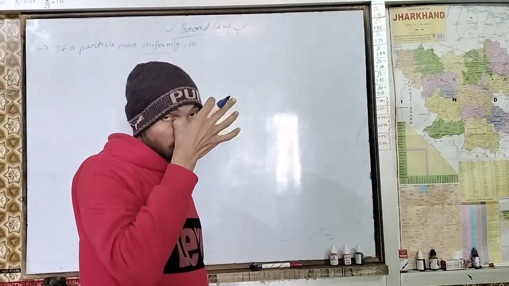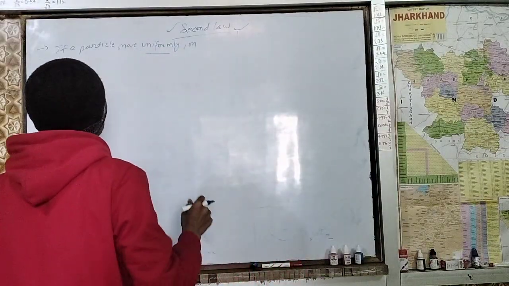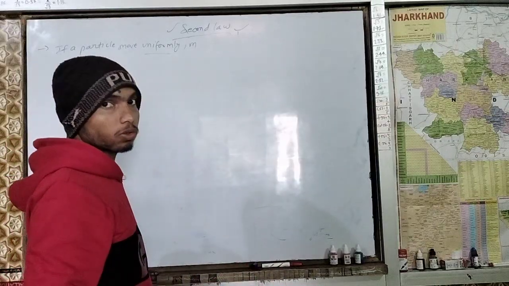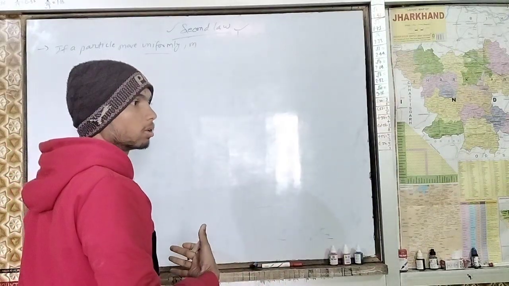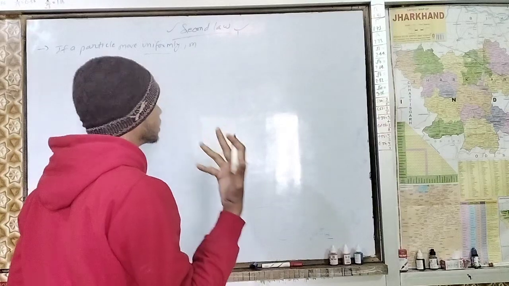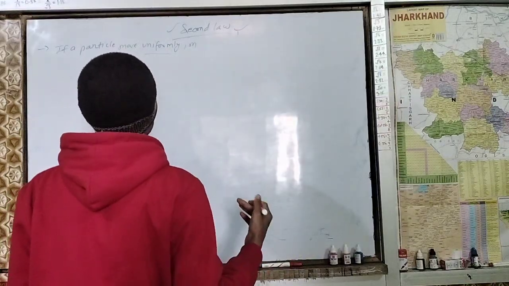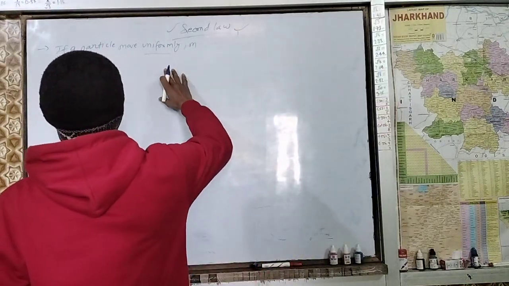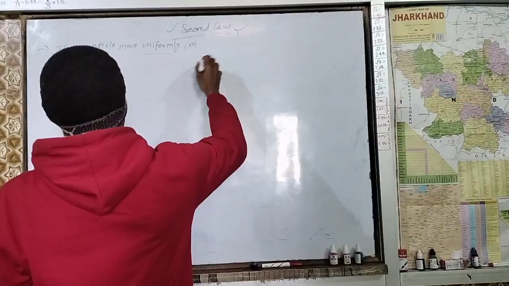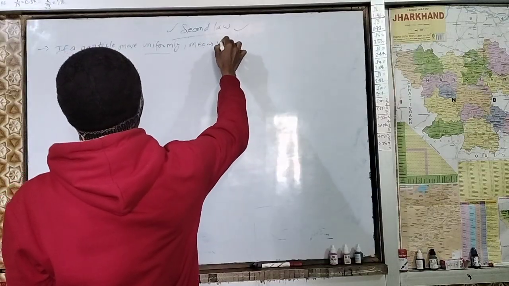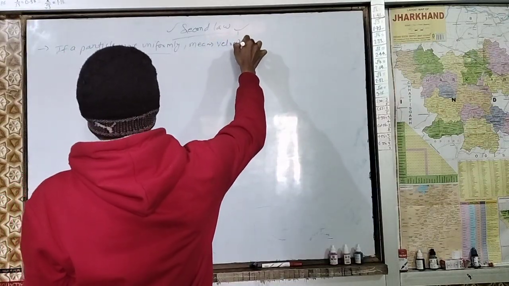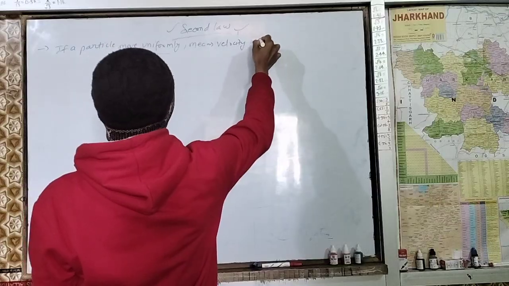The object is moving with the same speed. Let's just say the speed is 5 meters per second. During the whole journey, the speed is the same, 5 meters per second. That is the meaning of uniformity, which means velocity is equal to constant. Clear?